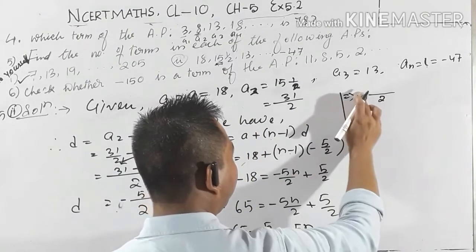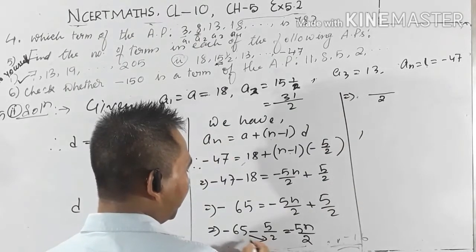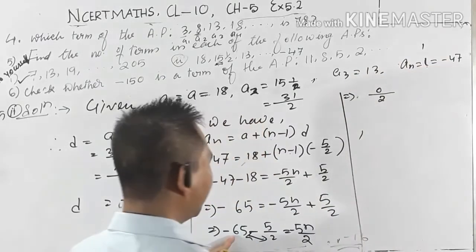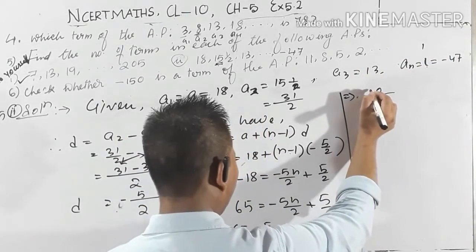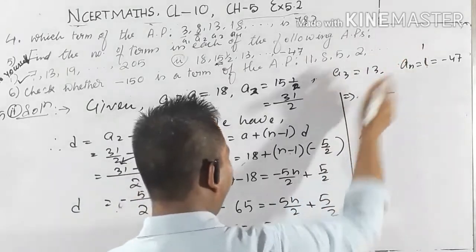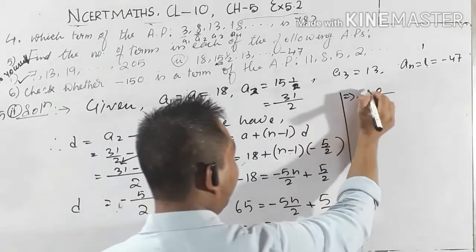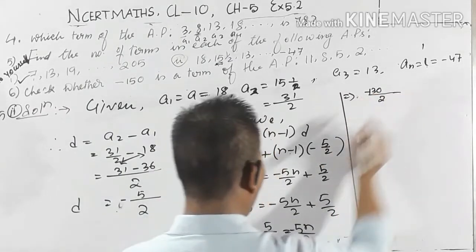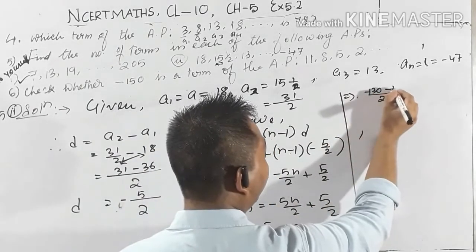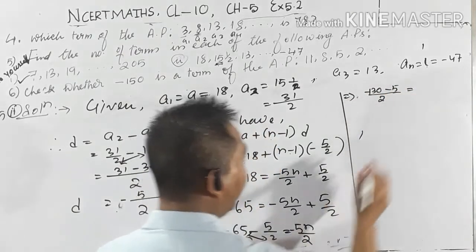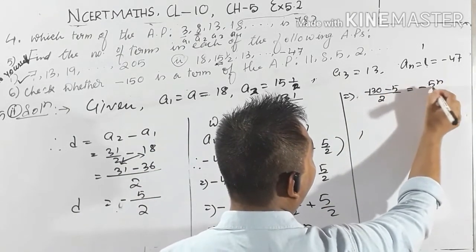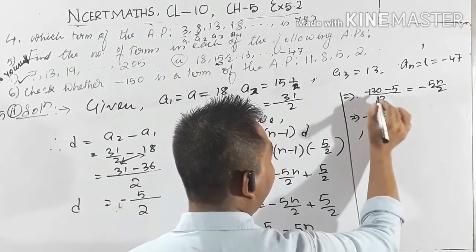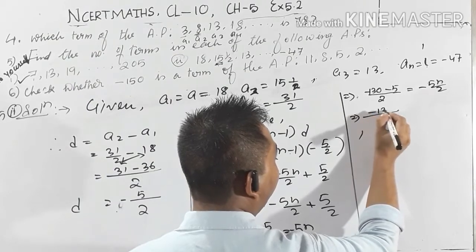And then let us cross multiply this one. 2 5s are 10, 1 in hand. 2 6s are 12, then 13. Minus, so one more minus is there, equals minus 5n upon 2. Again minus minus plus, so it will become minus 135, right?